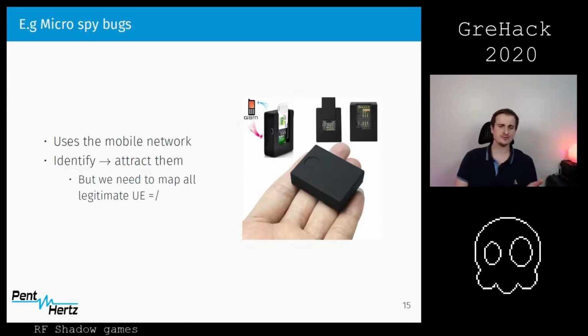But the problem with this technique is that you will probably also attract the other devices, the other UE. But if you ask people to not bring their phones into a meeting room, maybe you will have more chance to trap this kind of device in a meeting room.